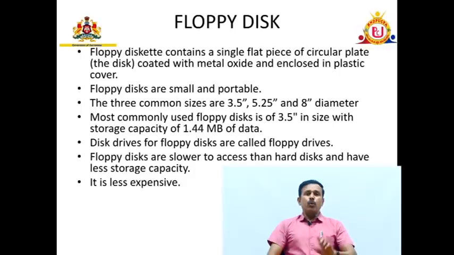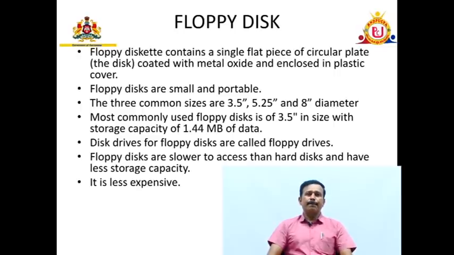So one 8-inch floppy disk is capable of storing 1 megabyte of information, that is 1024 kilobytes. Then the size of the computer decreased, and the size of the disk also reduced.